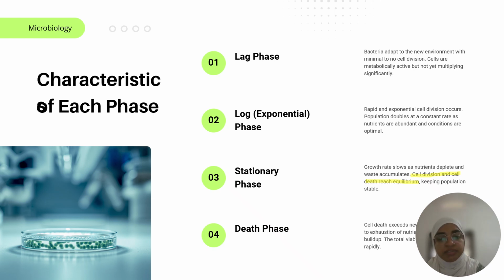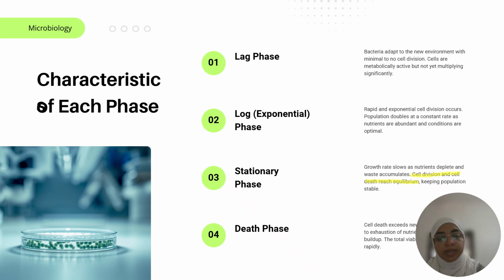The last phase is the death phase. Here, cell death exceeds the new formation of cells because of the exhaustion of nutrients in the environment. We already said that it is a controlled environment, so the nutrients are exhausted.